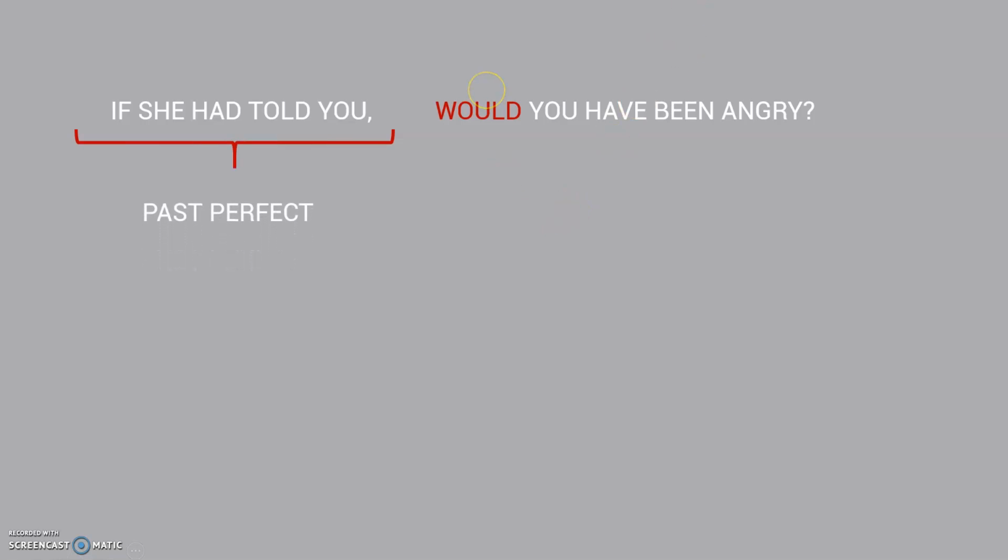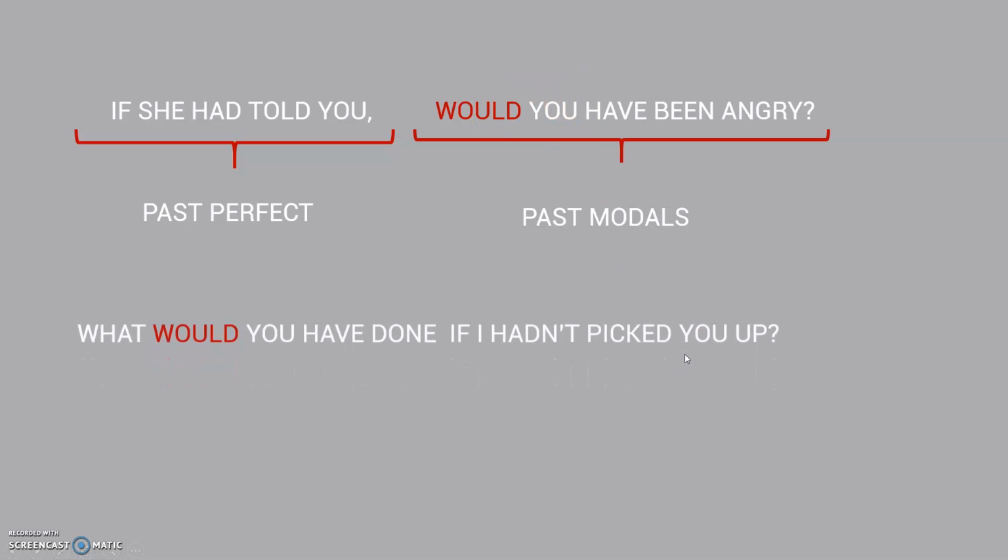In the result, what we're going to change is this. The auxiliary or the modal is going to go before the subject. So I'm going to say, would you have been angry? Okay? So we change the auxiliary first and then the subject. Same thing if we want to do a WH question, okay?